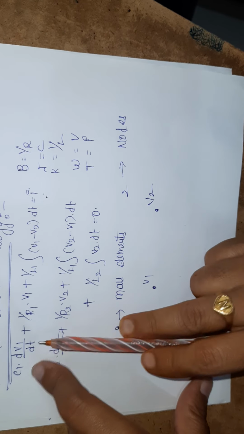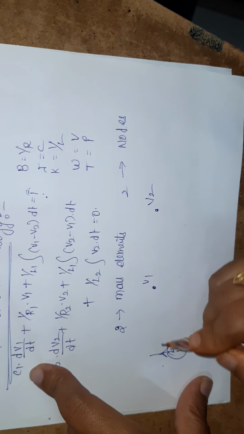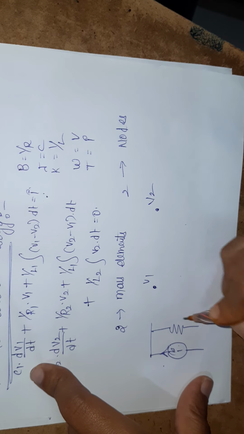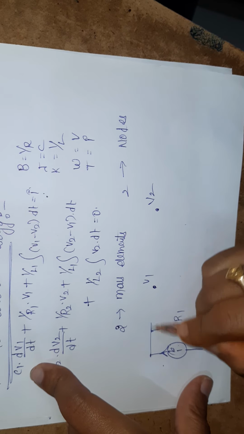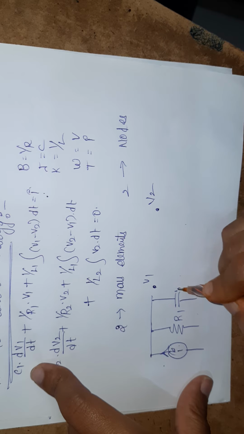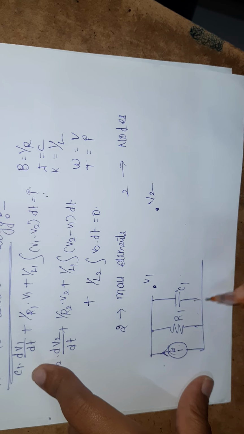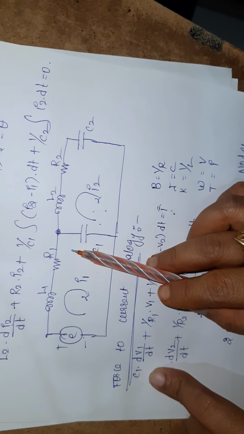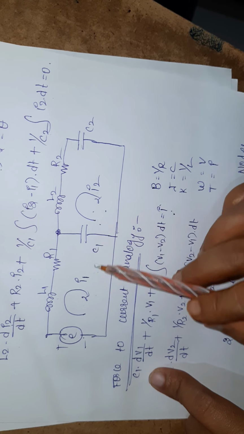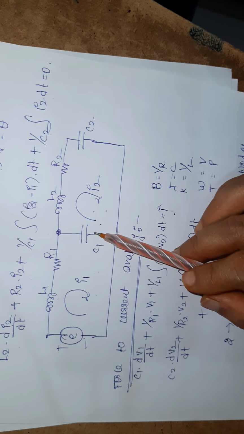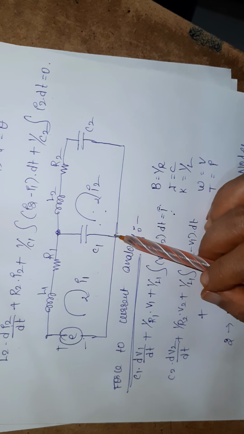The first node has C1 and R1, and these are always connected in parallel. Before, these elements were connected in series; if any element is connected between two loops, then we have to consider it as a parallel element.